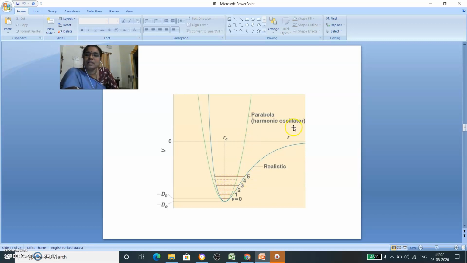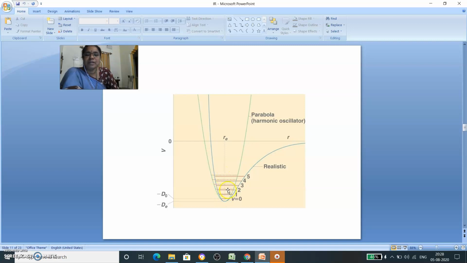So this is the harmonic oscillator, IR spectroscopy based upon the Schrodinger derived energy levels, right? This is actually a parabola, but where is the second one? This is the realistic one. So vibrational quantum number 0, 1, 2, 3, 4, 5 like this, right?